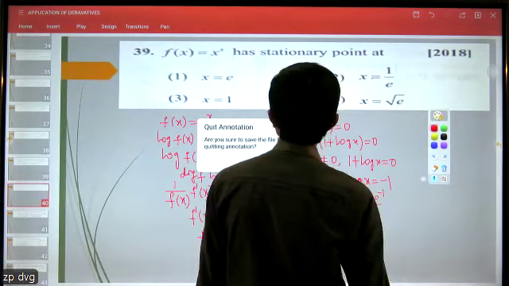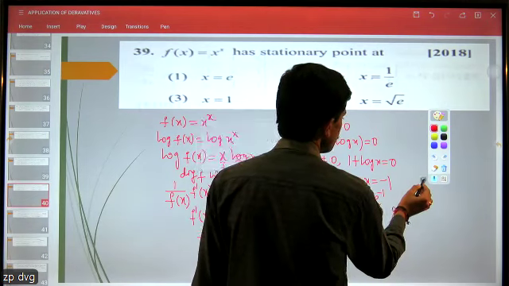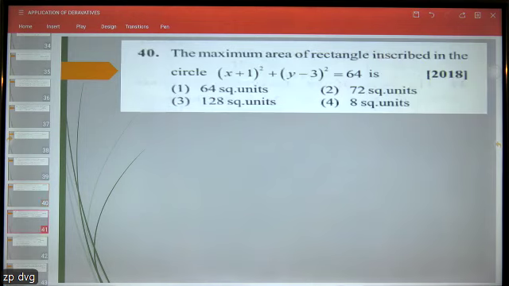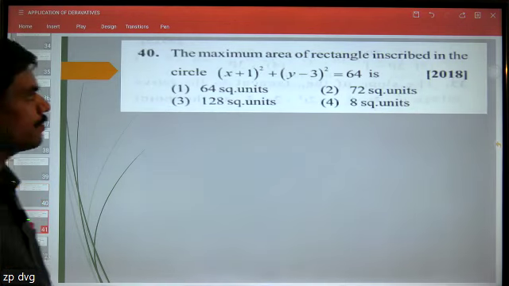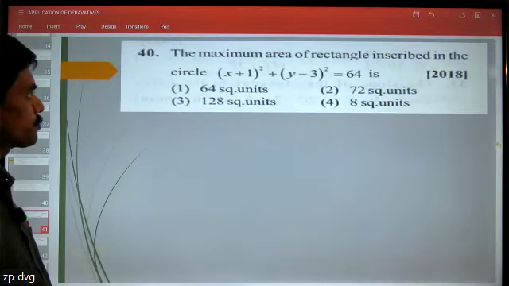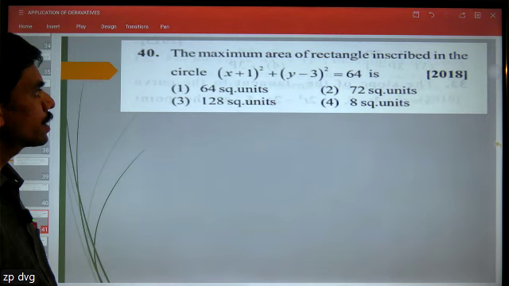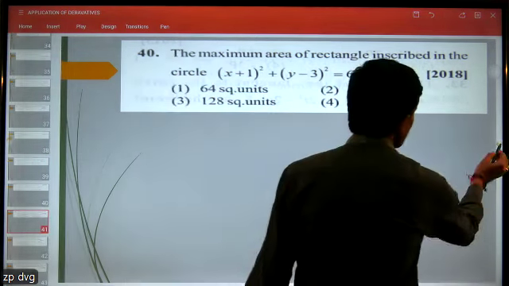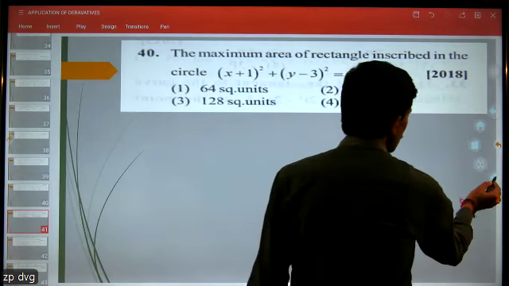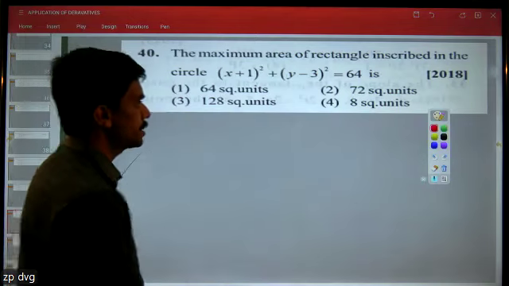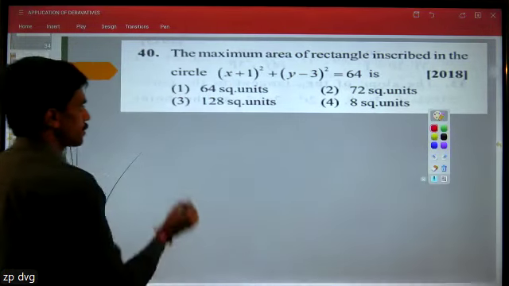So next, question number 40. The maximum area of a rectangle inscribed in the circle (x plus 1) whole square plus (y minus 3) whole square equal to 64. Already I told that the maximum area of a rectangle inscribed in a circle with a radius r units is equal to 2r square.